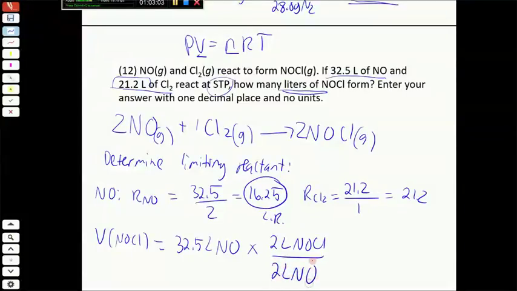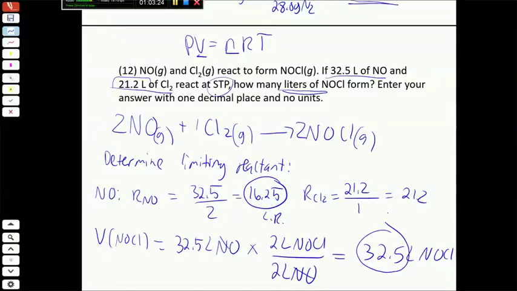So it's a 2-to-2 ratio, which simplifies to 1-to-1, meaning that if we react 32.5 liters of NO, we will also form 32.5 liters of the product, NOCl, provided they're at the same temperature and pressure, which they are.